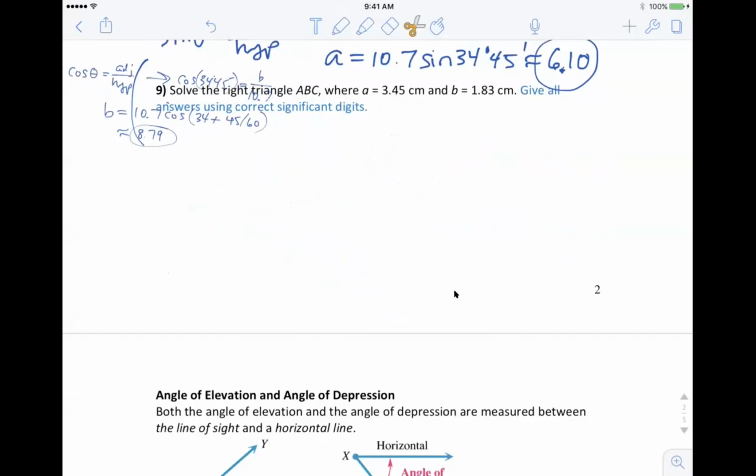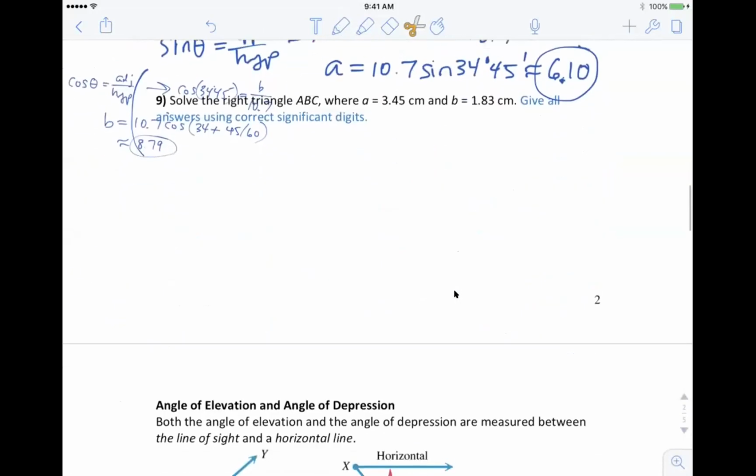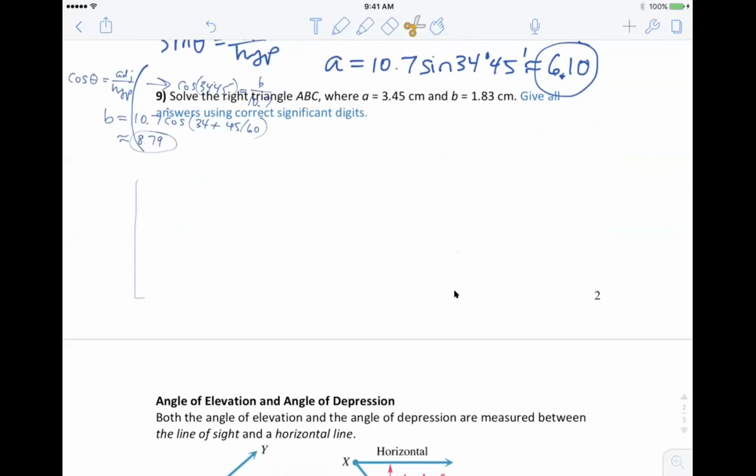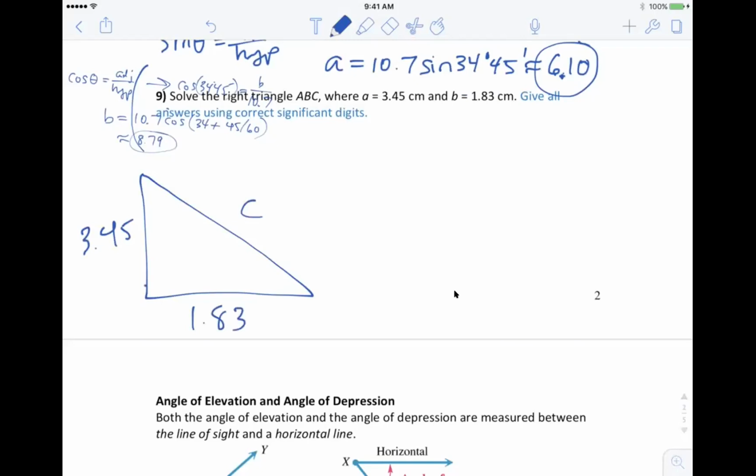This triangle only gives 2 sides, right? So I like to draw it first, and I like to use that general triangle, right? So my triangle: A is 3.45 and B is 1.83. C is unknown.